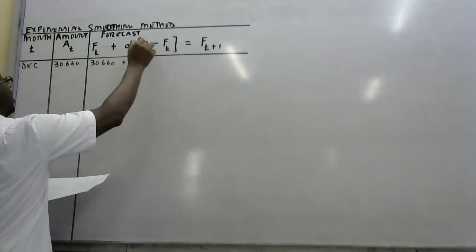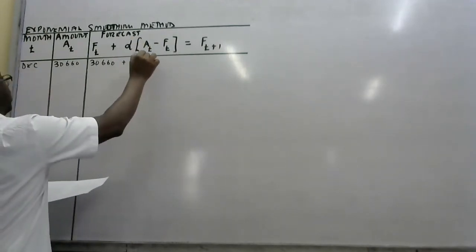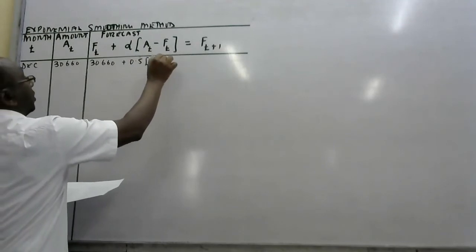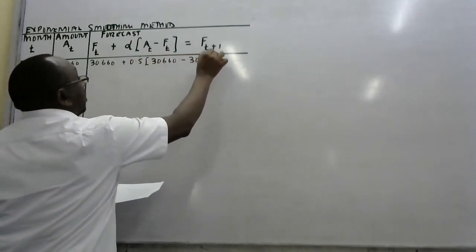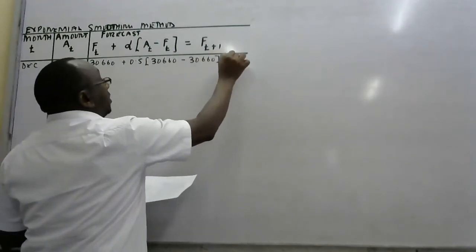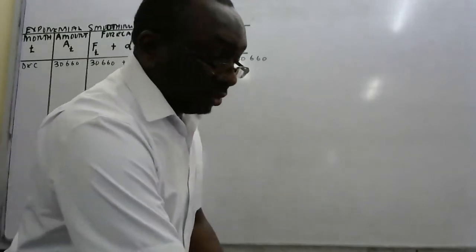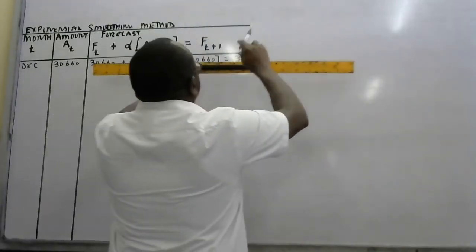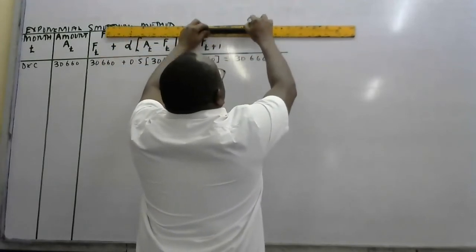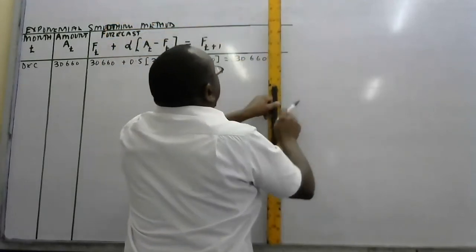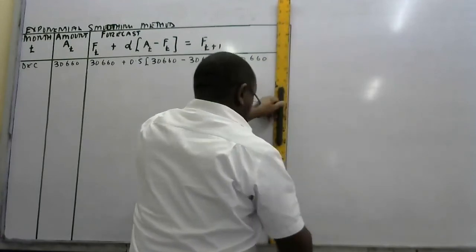The actual is still 3660 minus the forecast 3660, so the answer will still be 3660. That is what we said about the first period: the first value becomes the forecast, and it is also the actual.